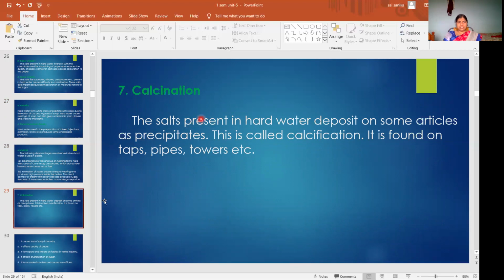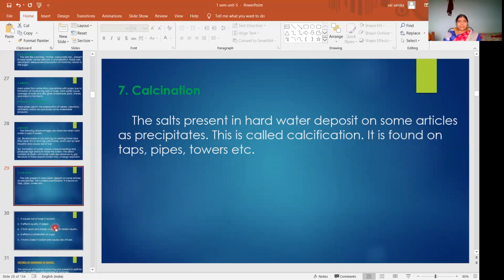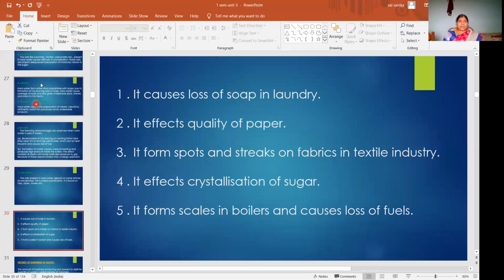So that is called calcination. So these are some of the disadvantages of using hard water in industries. So that is for 5 marks, or explain disadvantages, you will write like that. So write any 2 or 3 disadvantages. So simply you can write like this. It causes loss of soap in industry.